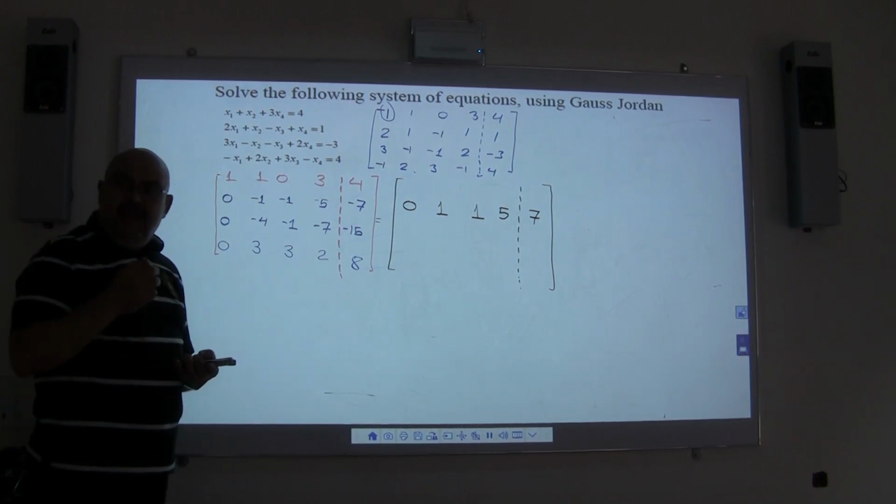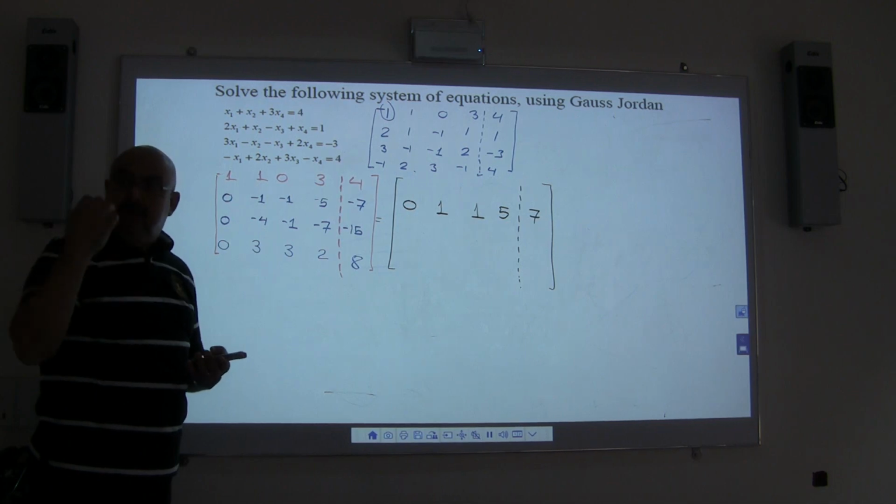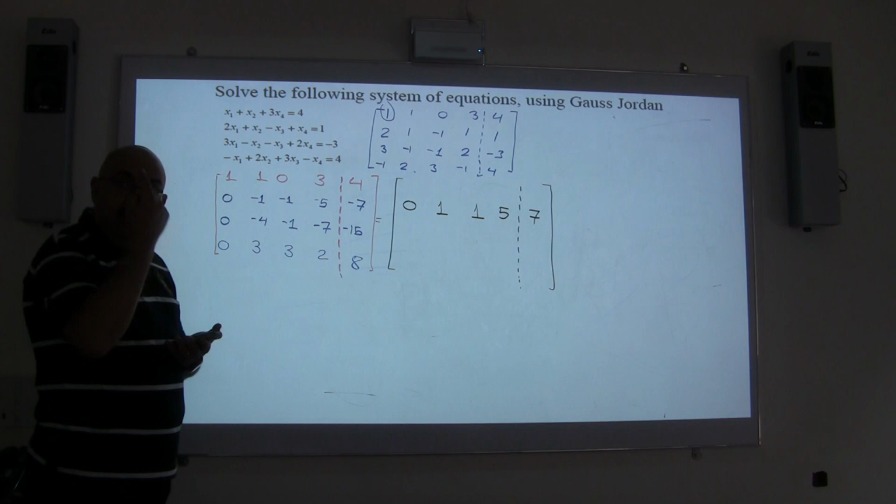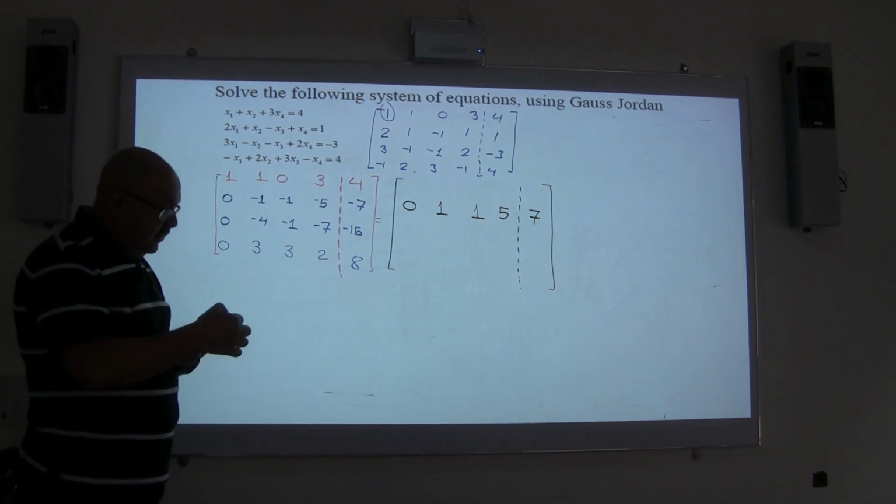I need the remaining elements in the second column to be all zeros. I will start with the one above it.